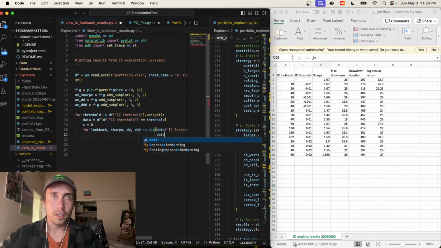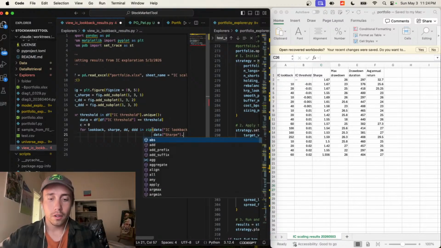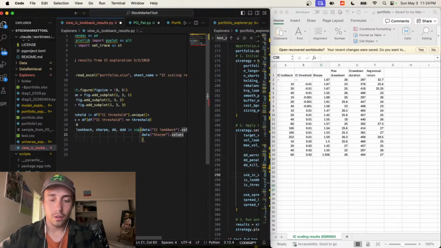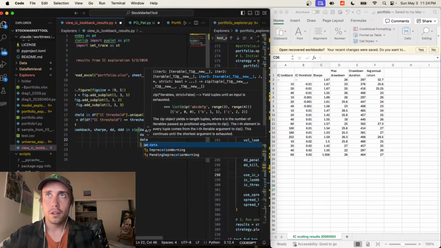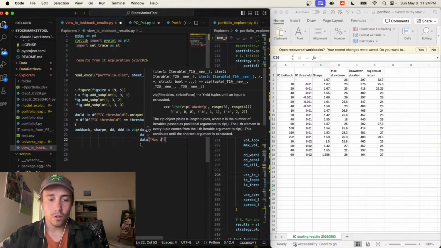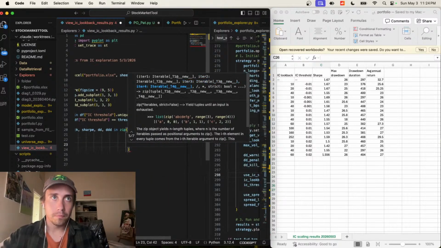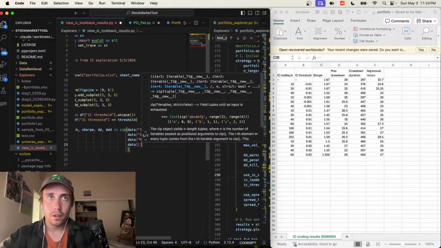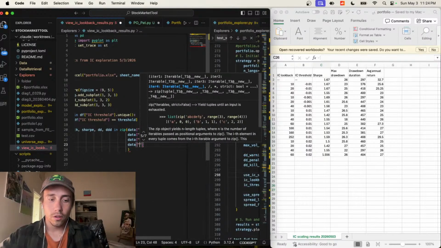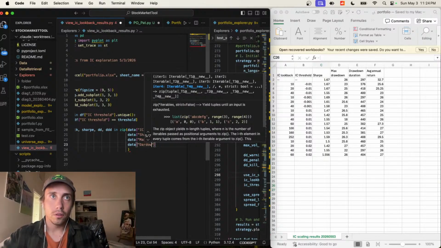Next thing is data of sharp dot values. Next thing is data of max drawdown dot values. And then finally, data of drawdown duration.